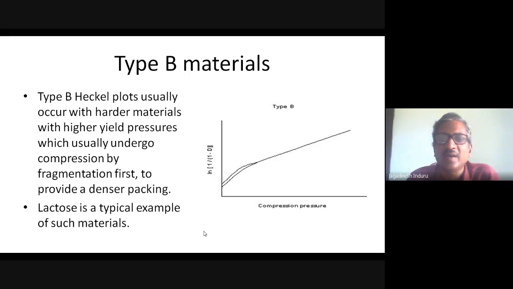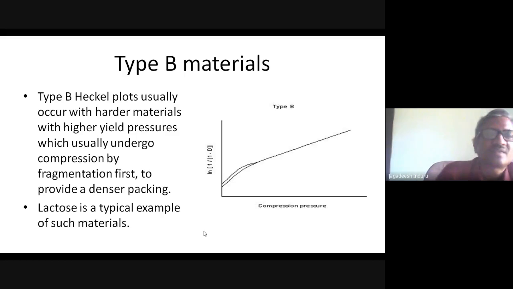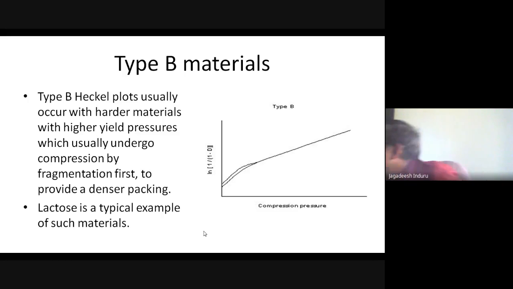After the yield point, they behave as plastic in nature. So type B Heckel plots usually occur with harder materials with higher yield pressures, which undergo compression by fragmentation first to provide a denser packing.